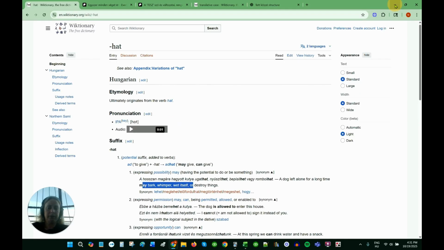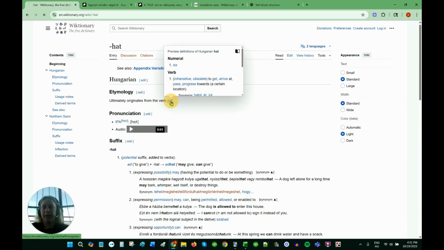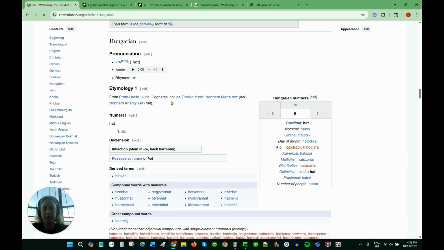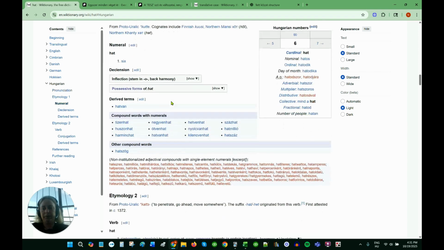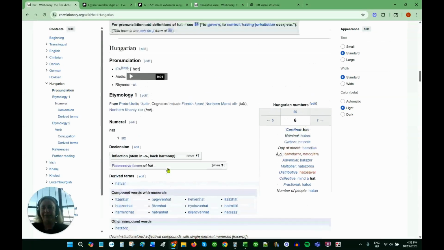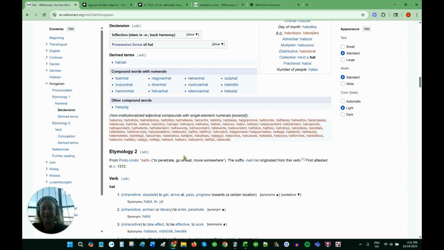All right, so that is the word hat, and I want to say that the word comes from a verb meaning hat, and this word I'm going to put in our good to know words, because there's lots of words that will be derived. That's the number hat, which means 6. That's not what I want.